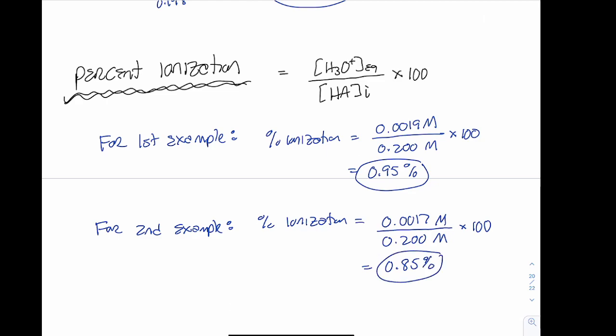So our initial concentration for both of these was the same, right? I started out with a 0.2 molar solution. And we had said that acetic acid was just a little bit stronger, right? Its Ka was just a little bit larger, 1.8 times 10 to the negative fifth versus 1.5 times 10 to the negative fifth. So starting out with equal concentrations, I would expect that acetic acid would be a little bit more dissociated at equilibrium, and it is, 0.95 compared to 0.85%.